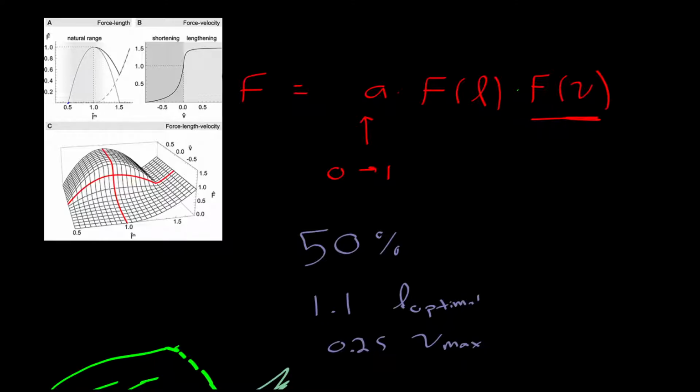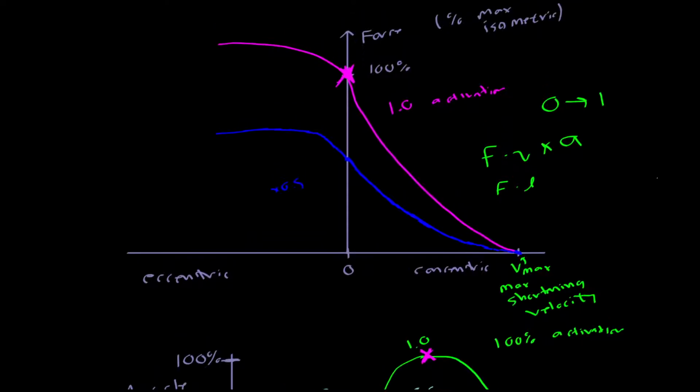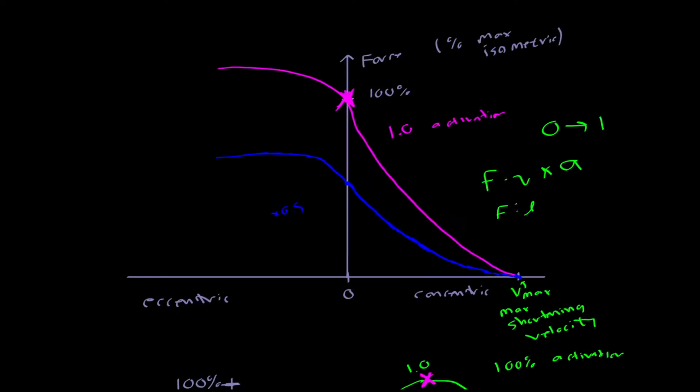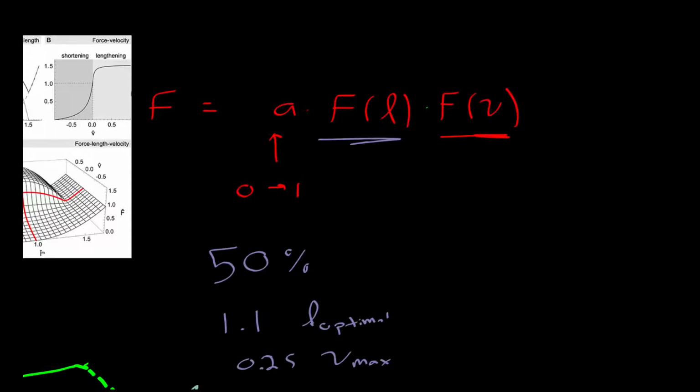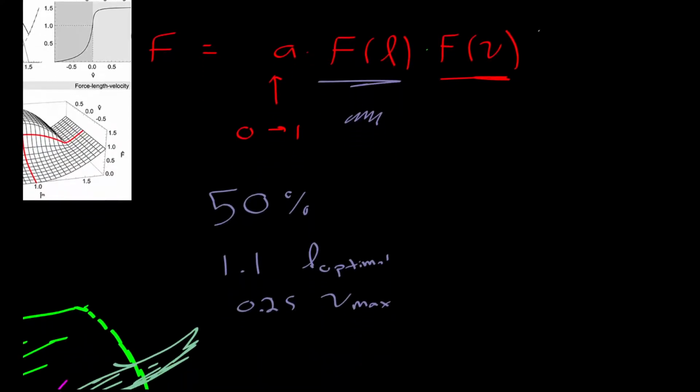If you had a chart with actual numbers on it, you could say, okay, what's the force-length curve's value at 1.1? Go to the force-length curve, figure out wherever 1.1 is, read off the number, write it down, pop that number in right here. Figure out what the force-velocity curve is at 0.25 times Vmax.